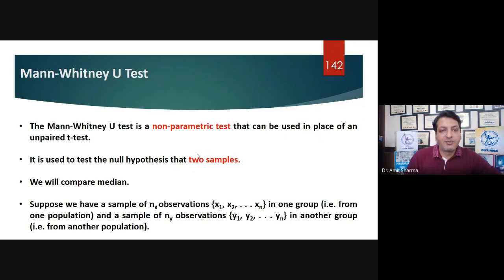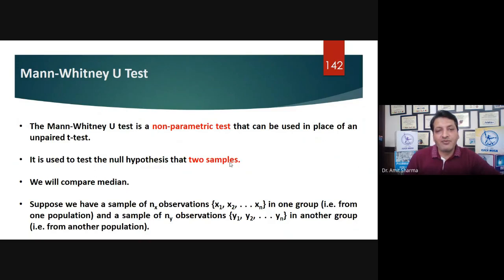More explanation of the Mann-Whitney U test: it is a non-parametric test that can be used in place of an unpaired t-test, because each patient is different. We don't have a condition like before and after, pre-module or post-module. So it's an unpaired test, and it is used to test the null hypothesis of two samples.